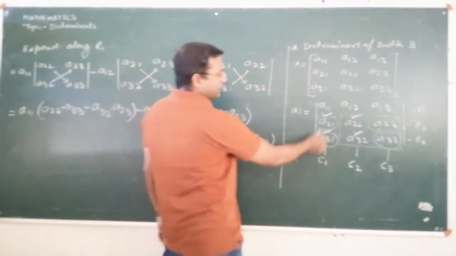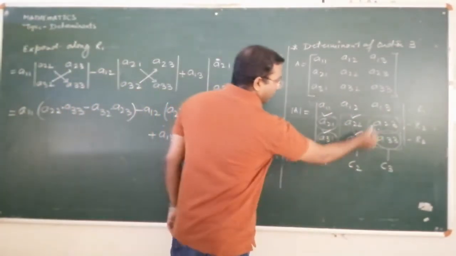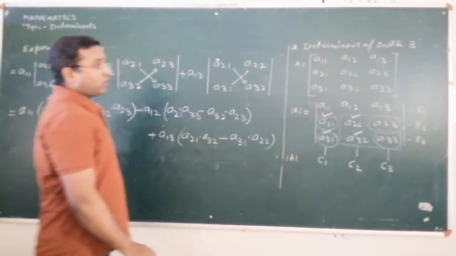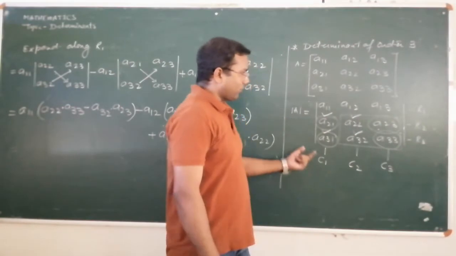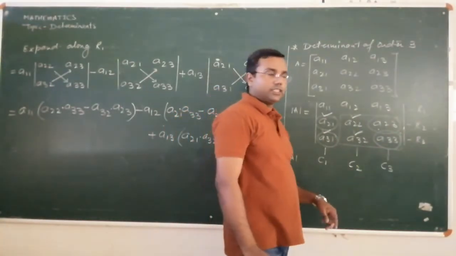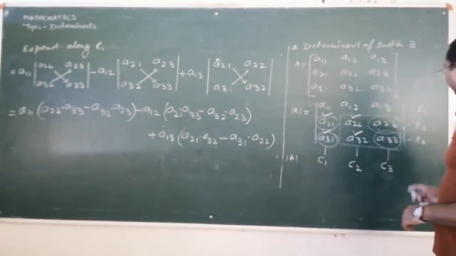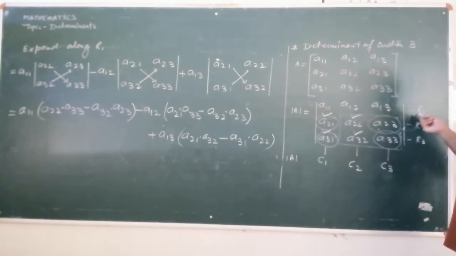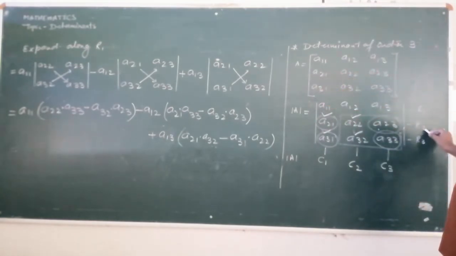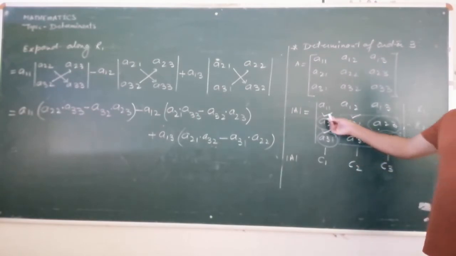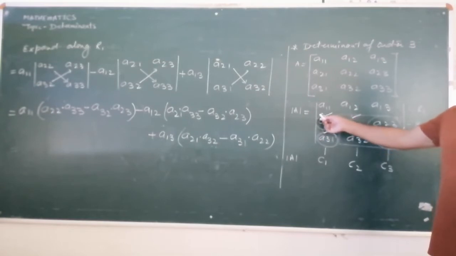Similarly, if you want to expand along any column out of these three, or maybe along the second row R2, or along the third row R3. Maybe along R1 we had expanded. If along R2 you are doing, then similarly you will start from this element A21.